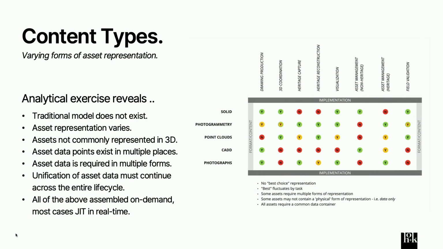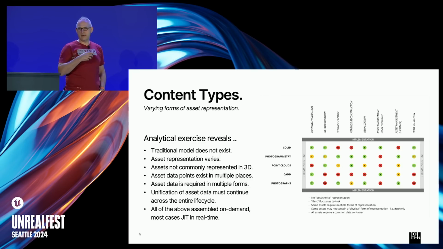Now, what's critical in this exercise and why reality capture plays such a huge and important role is that when we did an early analytical assessment of all of the different types of content that we would have throughout this process, we determined that there was really no single source of truth for some form of geometric representation that existed.